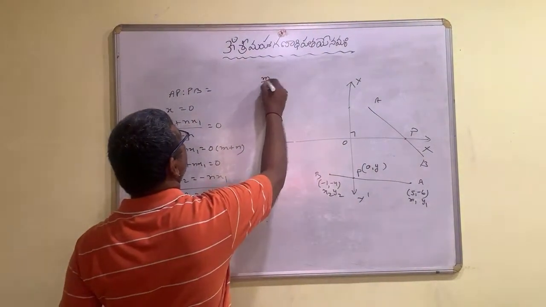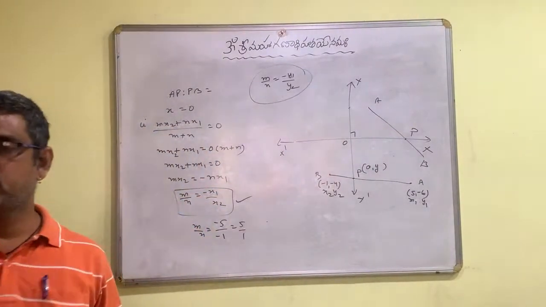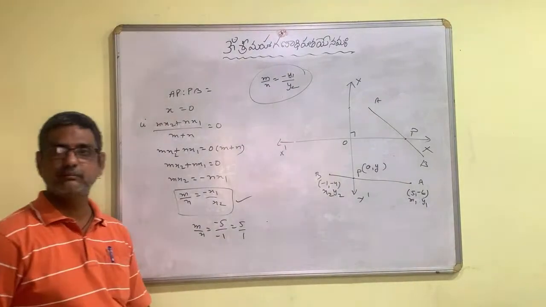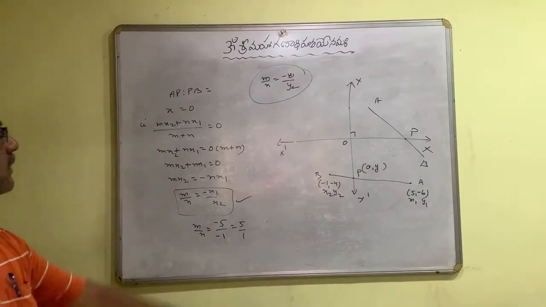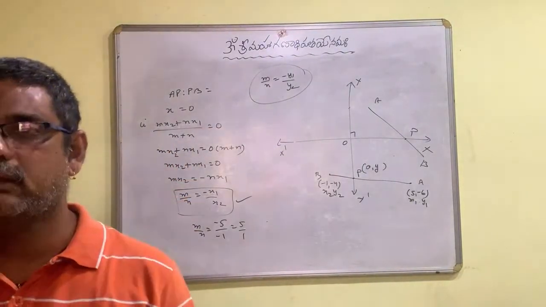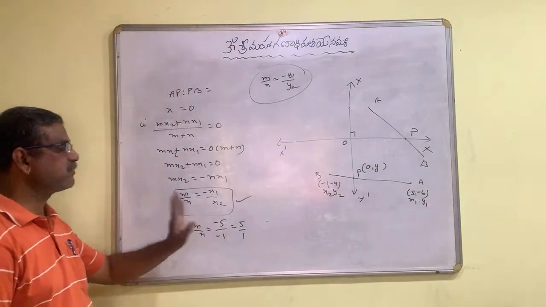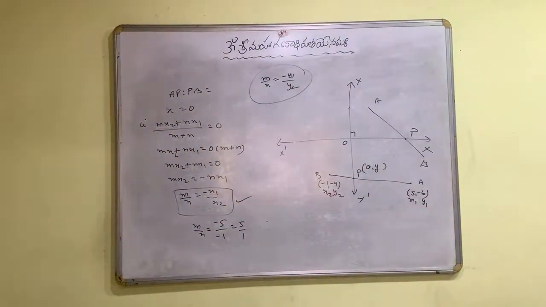The ratio m by n is -y1 by y2. Very useful for objective type questions, children. If the line segment AB is divided by the x-axis, the ratio is -y1 by y2. If it is divided by the y-axis, the ratio is -x1 by x2. It is very useful in solving objective type questions.